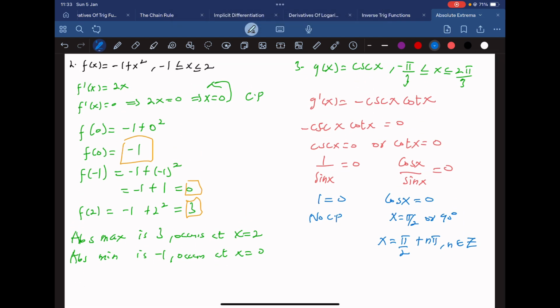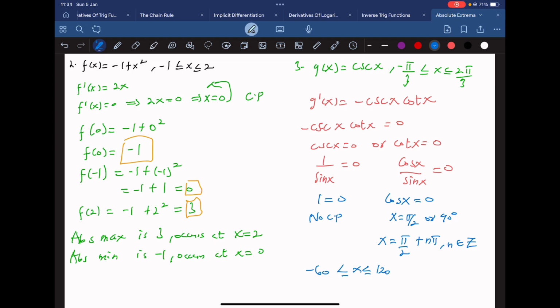So negative pi over 3 is negative 60, and 2 pi over 3 is 120. So it means that our x should be between this range. So yes, all this will give you 0, but it should be between this.